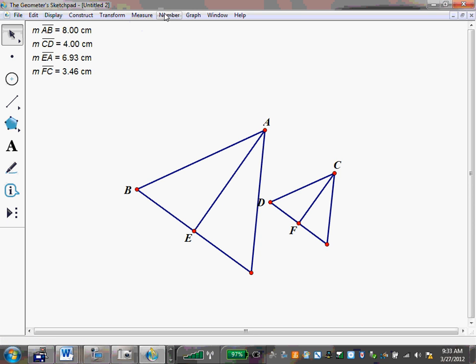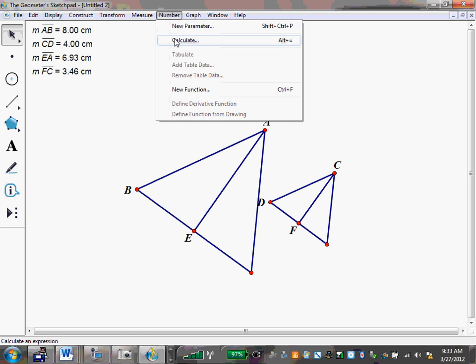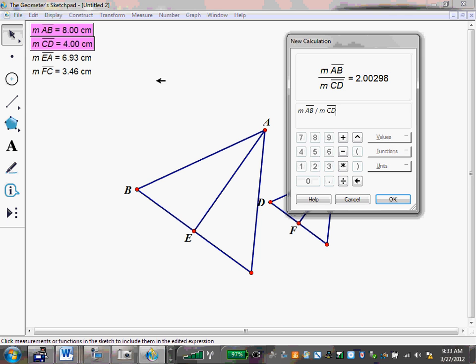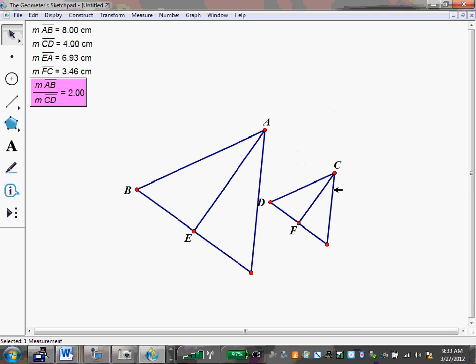So if I go to number, calculate, my little calculator will come up. So I am going to do larger triangle divided by smaller triangle always. So I'm going to highlight length AB and I'm going to divide it by length CD, which we already know what that is going to be.